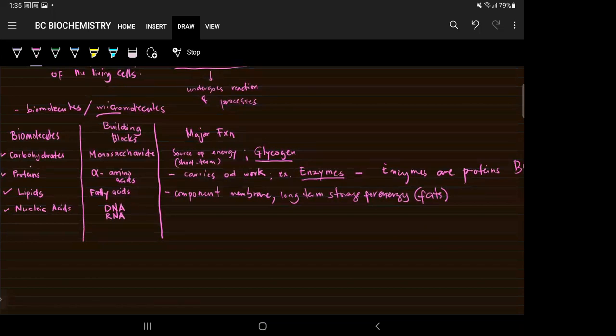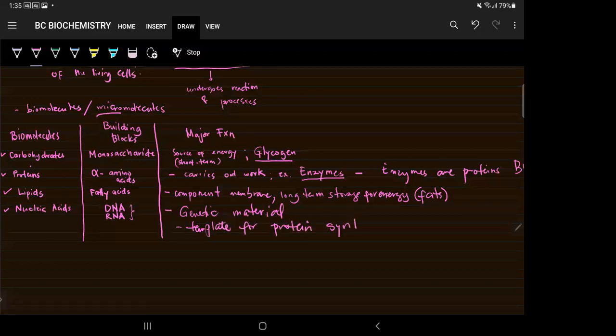And then lastly, of course, we have your nucleic acids. As we all know, they are the building blocks of your DNA and your RNA, which make up what we call the genetic material. And at the same time, it is a template for protein synthesis.